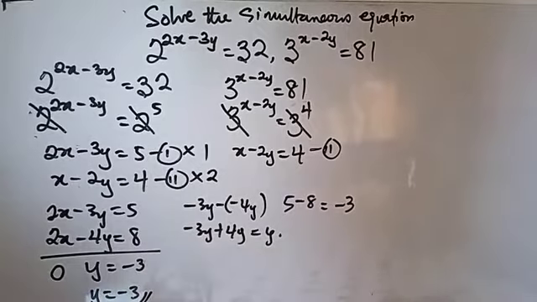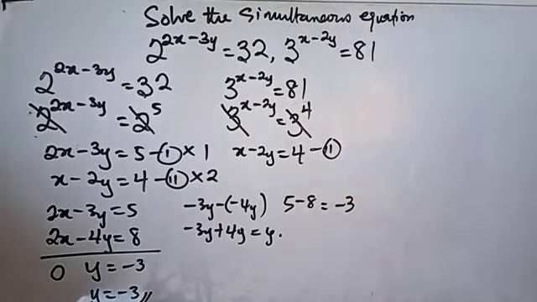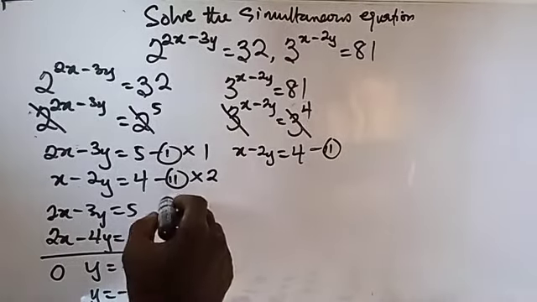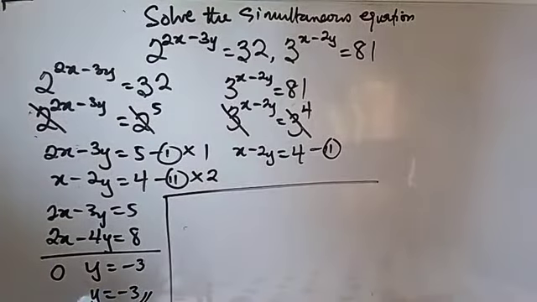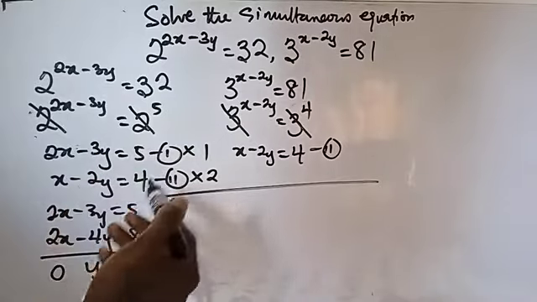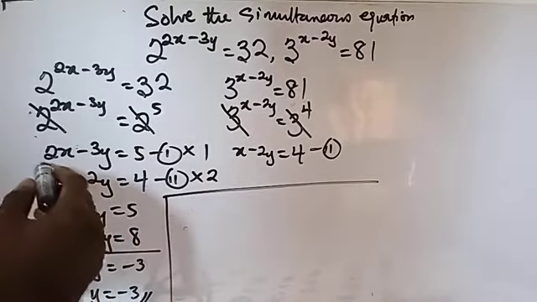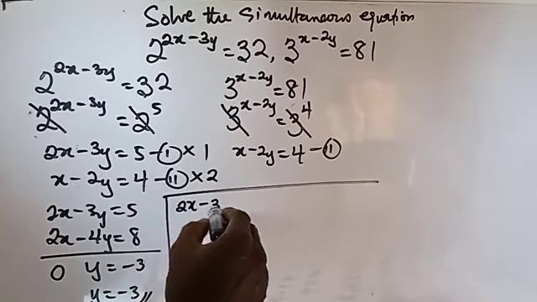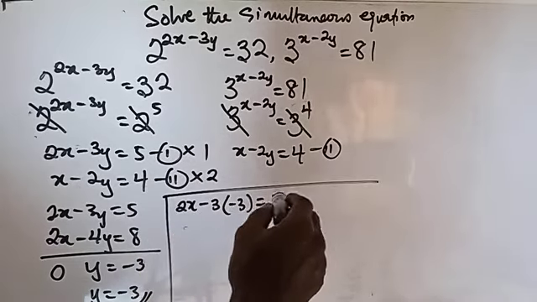All right, so let us now look for the value of x. Since our y is minus 3, we can put minus 3 in either equation 1 or equation 2. Let us use equation 1. You have 2x minus 3 times minus 3 equals 5.